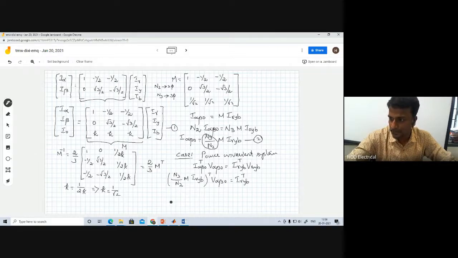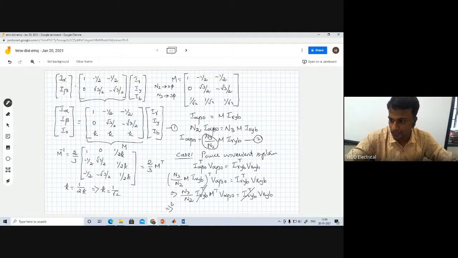I R Y B transpose into V R Y B. Now let me take the transpose of this set of matrices. So we have N3 divided by N2 into I R Y B transpose into M transpose into V alpha beta naught equal to I R Y B transpose into V R Y B. Now this I R Y B transpose will be cancelled.